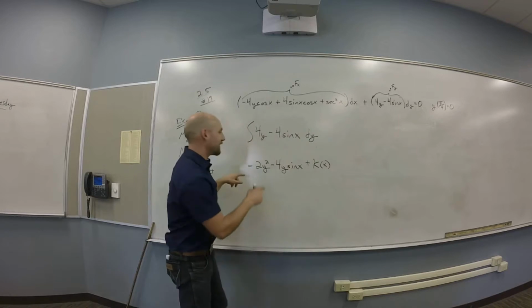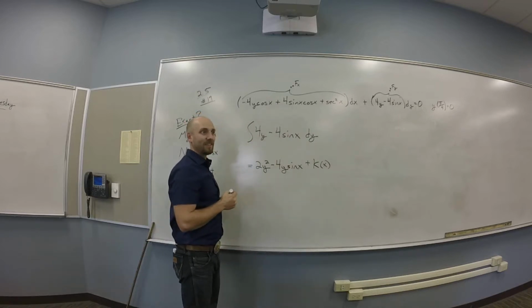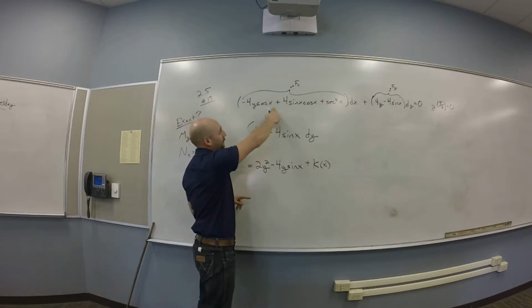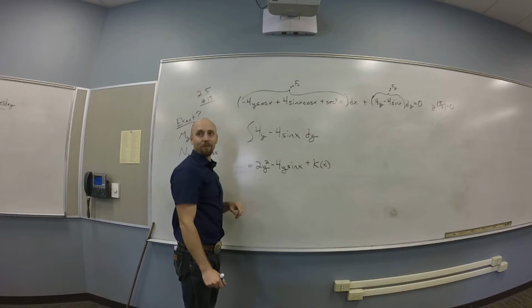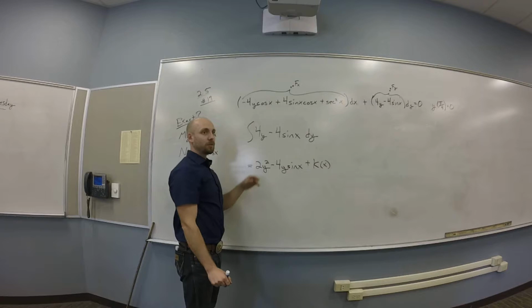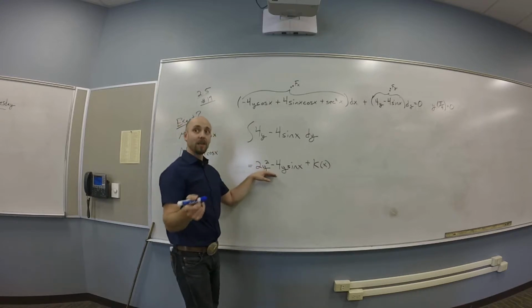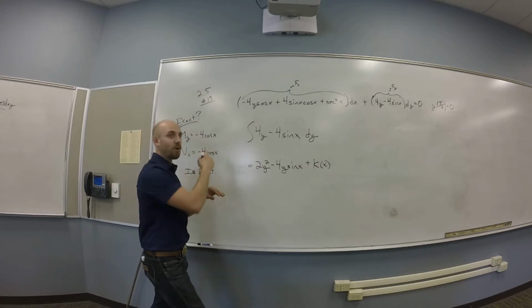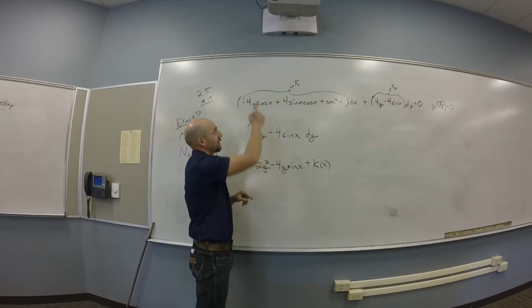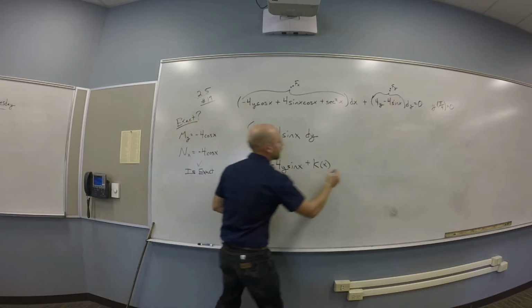So I think this is my f, right? Where did that M come from? Hopefully, the derivative with respect to x of this thing, because I did the test for exactness, right?